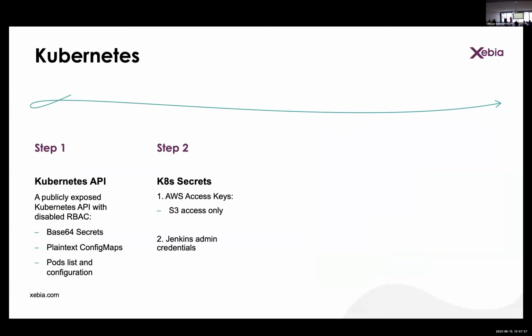So from secrets, I already extracted credentials for S3 access, but still it's not admin. I need admin. But it also contained a login and password for Jenkins. I like Jenkins because Jenkins is usually admin in your infrastructure, because you use Jenkins to deploy stuff on your cloud. So when I get in, I have access to your cloud. But I only have these credentials, but there was a pod running on the same Kubernetes called Jenkins something.